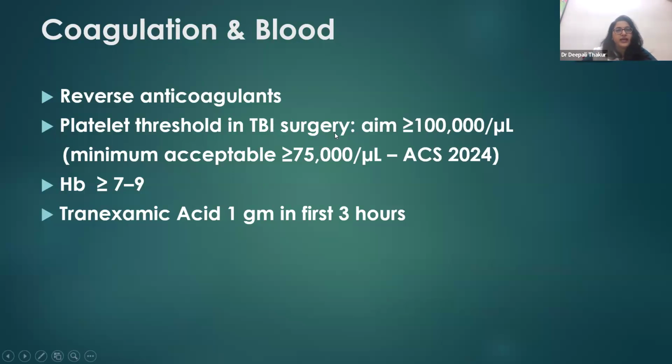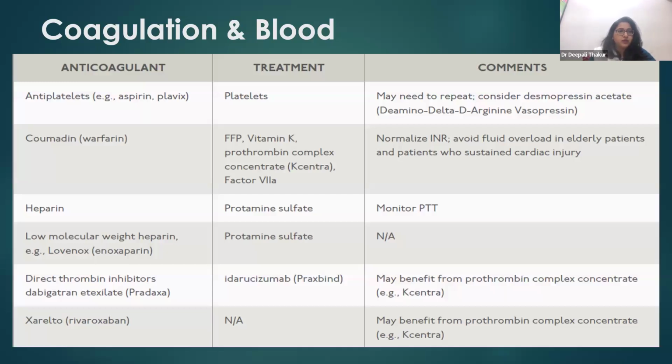Platelet thresholds for TBI, guidelines are saying more than 75,000 per deciliter, but many neurosurgeons and even our center, we are following platelet count of more than 1 lakh before neurosurgical intervention. Hemoglobin target of 7 to 9. Tranexamic acid has a promising result if 1 gram is given in first 3 hours of injury.